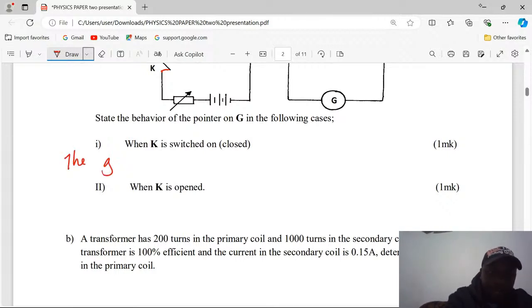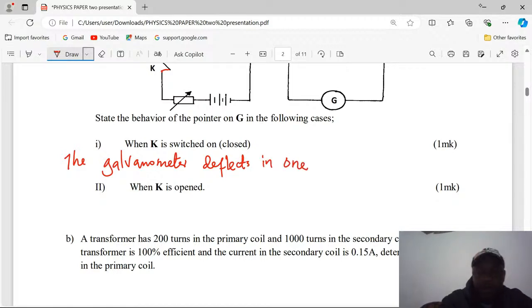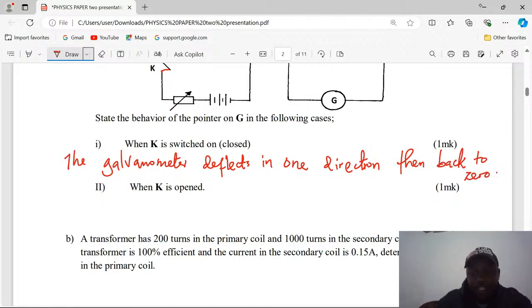The galvanometer deflects in one direction, then back to zero. That is the observation.